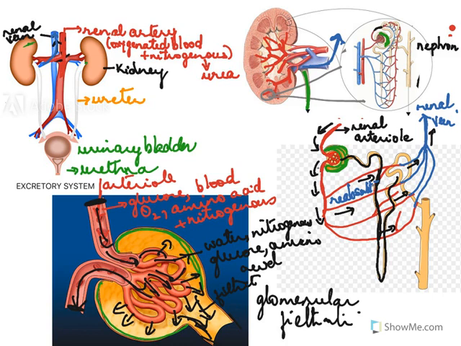A lot of water is reabsorbed, a lot of glucose, amino acids are reabsorbed back into the blood. And after whatever good is reabsorbed, whatever remains behind is the urine. What is not needed is the urine. The urine then collects into this collecting tubule. Many such nephrons are attached to this collecting tubule.